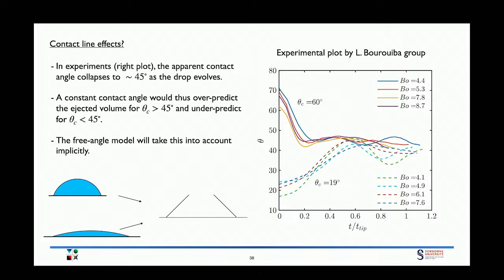This means that if we have a constant contact angle model in numerics with an initial angle greater than 45 degrees, we would be over predicting the drop size, because we would be imposing a constant contact angle. So that clearly means that a constant contact angle would not be the best choice. However, the free angle model, which is flow consistent, should implicitly have this behavior.